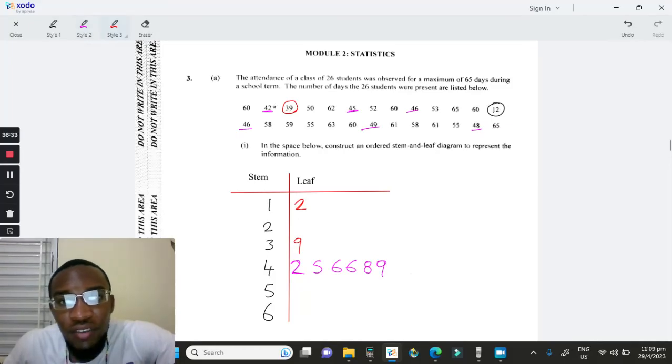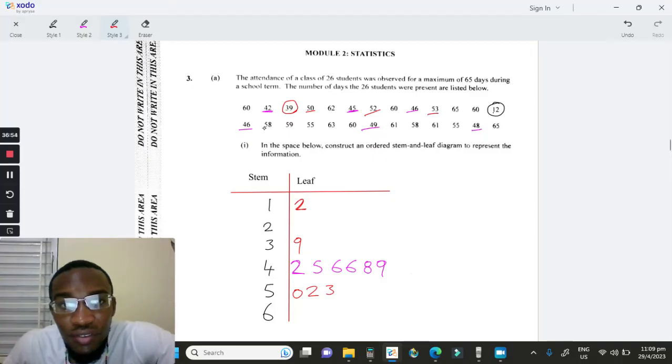Now I go into the 50s. So notice I see 50 flat, a 0. Do I see 51? I don't see 51. Do I see 52? I do see 52. Do I see 53? I do see 53.